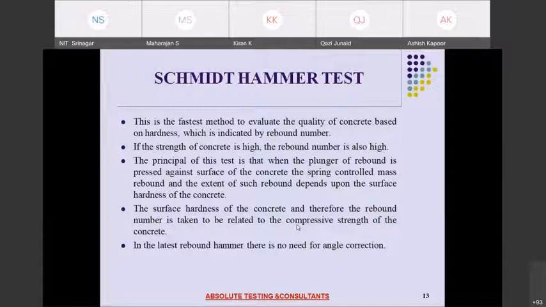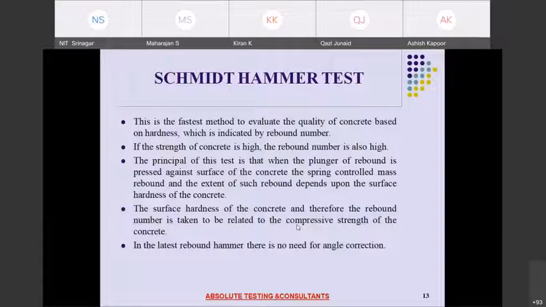So these 3 types of cases arise, and initially, when mechanical rebound hammers were used, you had to apply an angle correction. Based on the use of your rebound hammer, the calibration graph is different for different types of application.